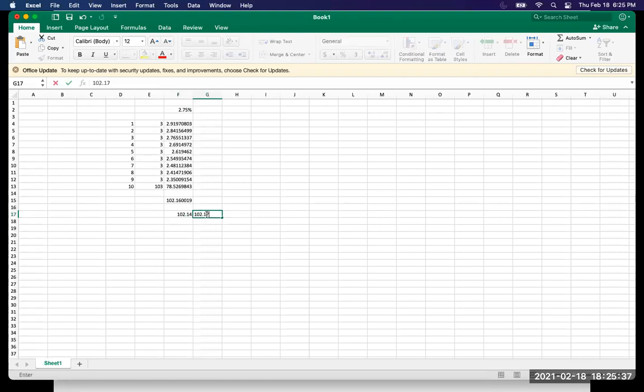It's 102.177. So we are closer. But as you can see, magnitude-wise, that's not that big of a deal.